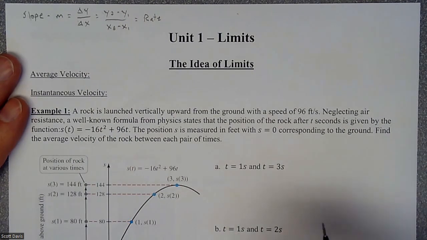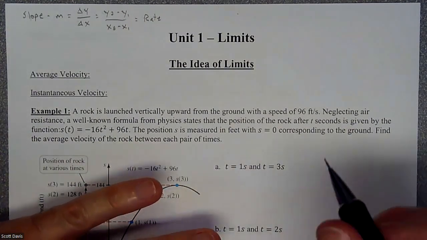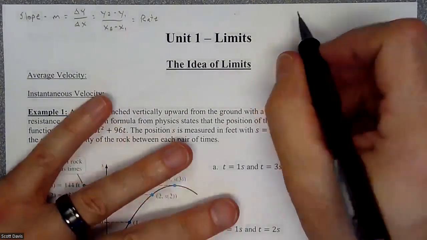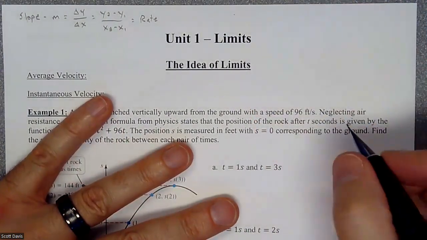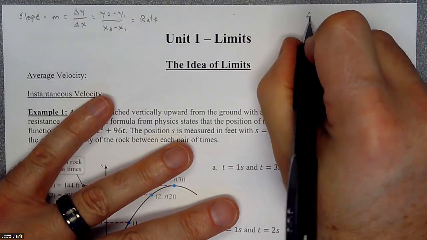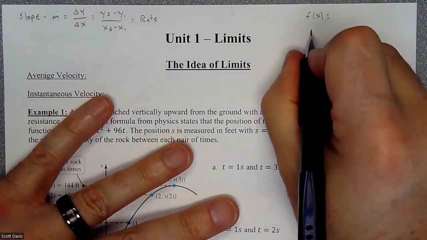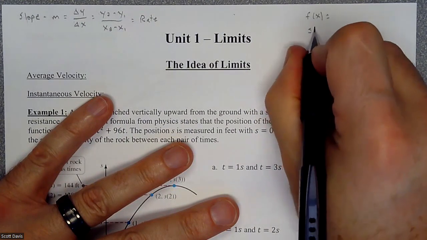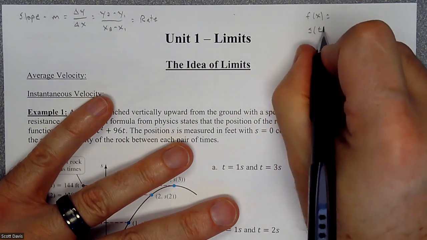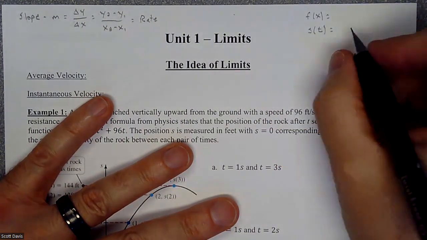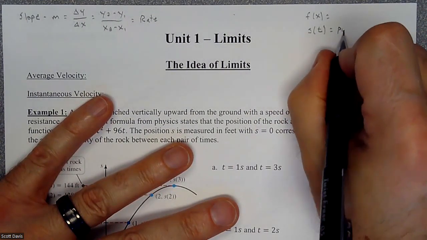One other quick thing that we have to make sure we're okay with is the idea that we're going to be talking about functions. Function notation is an f of x type of equation. Specifically, we're going to be using this one, and it has a meaning to it. It's going to be referring to the position function.